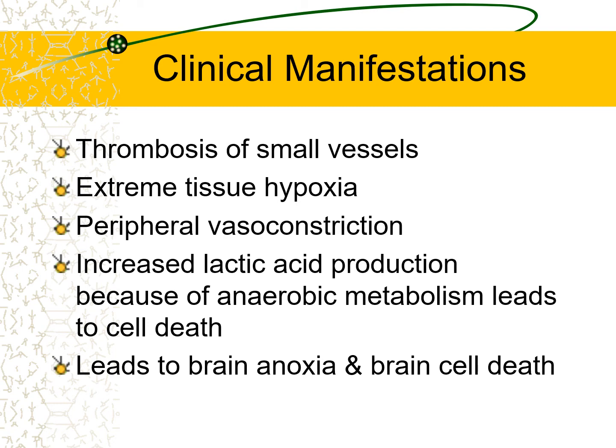We're trying to clamp down on the periphery to shunt the blood and trying to perfuse those vital organs. We have that increased lactic acid production because of anaerobic metabolism, and that leads to cell death. The late stage of shock leads to brain anoxia and brain cell death.